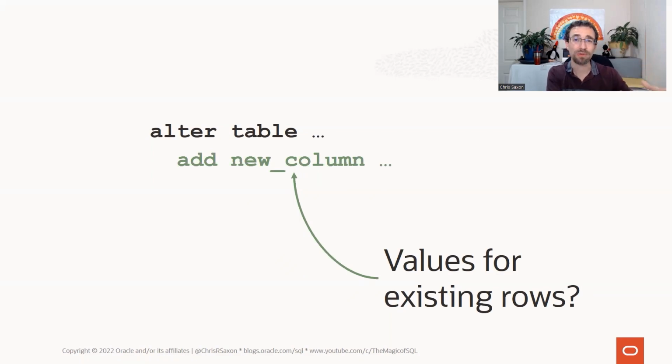But in general, there's not always going to be a way to set a reasonable default value for a new column. So this is another common situation where, once you've added it, all historic data will have null, and quite often there's not much you can do to avoid that.